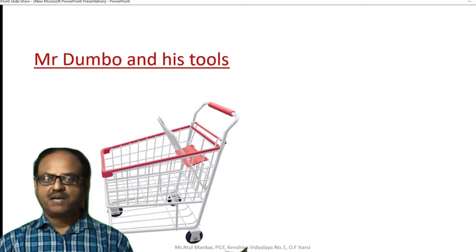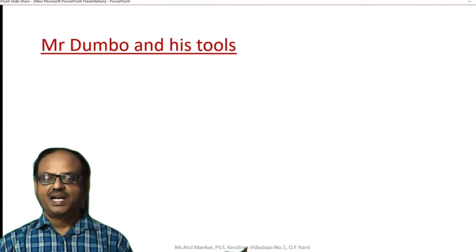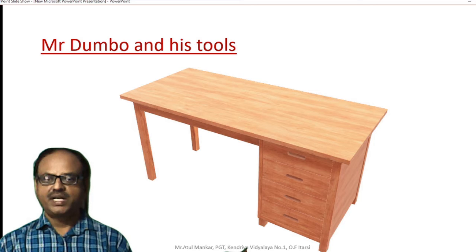Then Dumbo has a very important thing, that is a caravan. It carries the instruction from the input up to the memory location and places it into the memory, and then it brings it back and goes to the table for assessment.